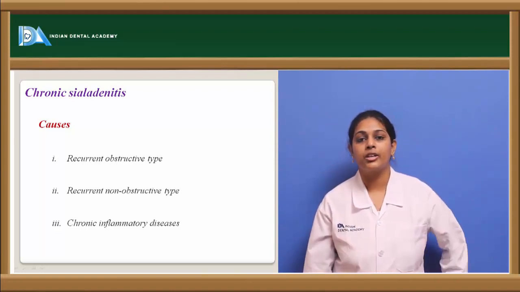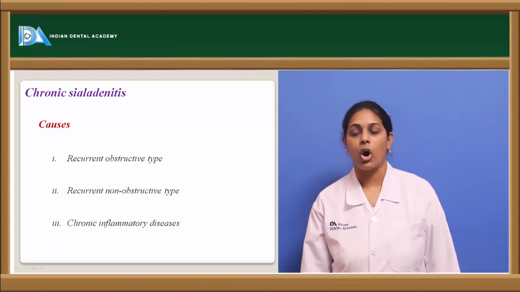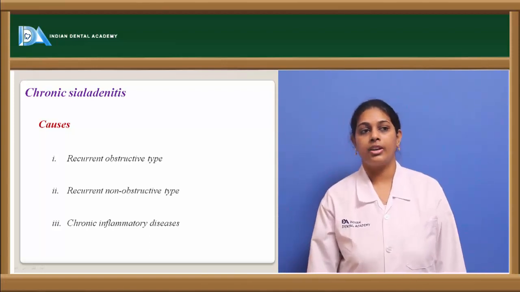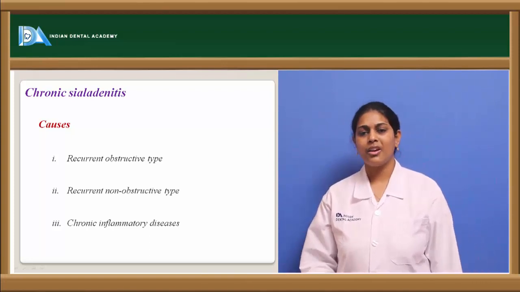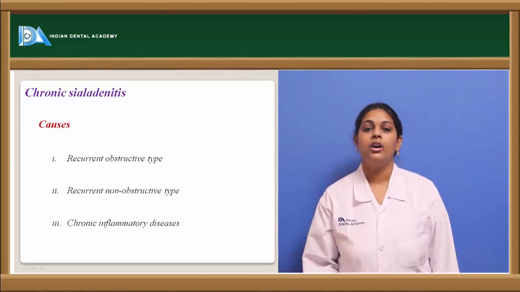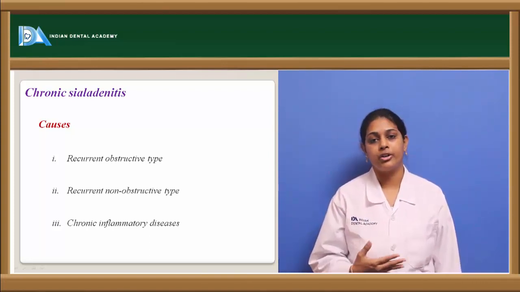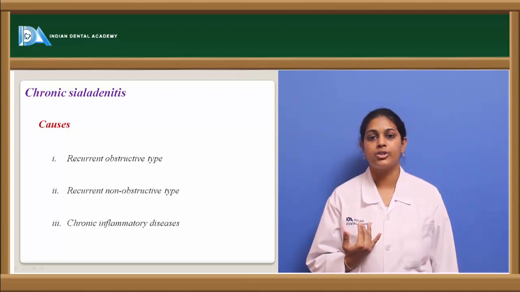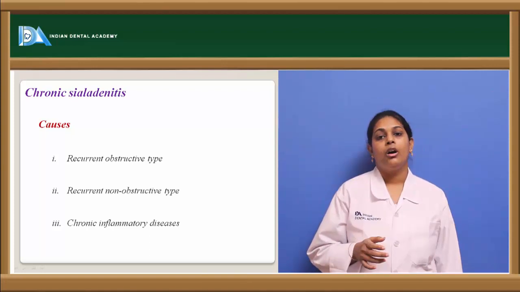The next cause could be the recurrent non-obstructive type of sialadenitis. It is most commonly seen when there's reduced production of saliva, a condition known as hyposalivation or xerostomia.